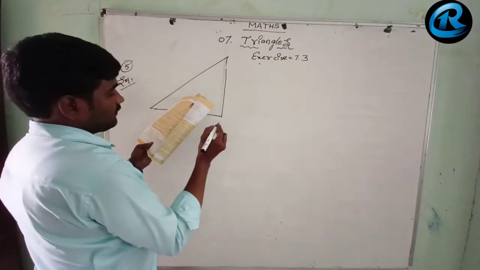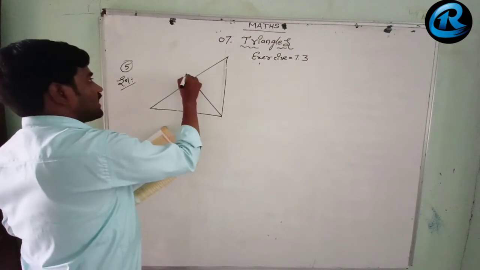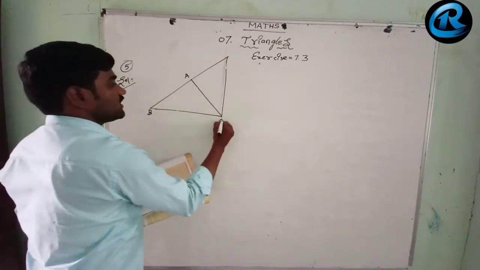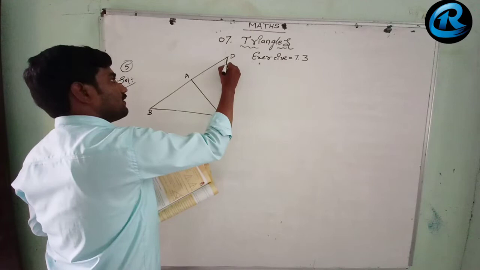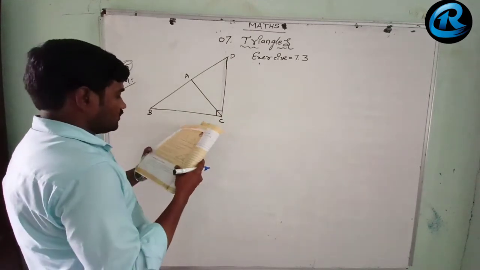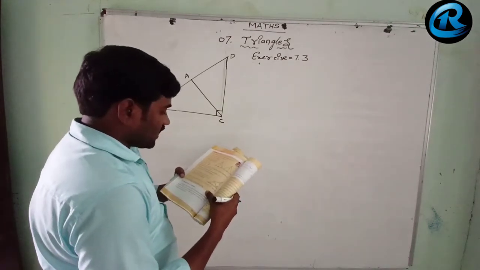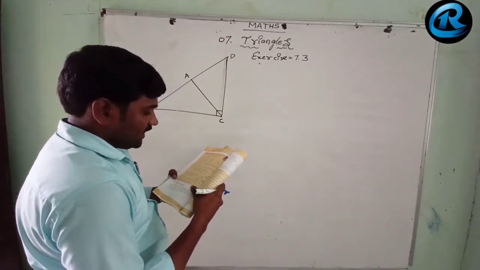Okay, see that? Here it is A, B, C and D. As you know, this is a right angle. So in triangle ABC, an isosceles triangle where AB equal to AC.